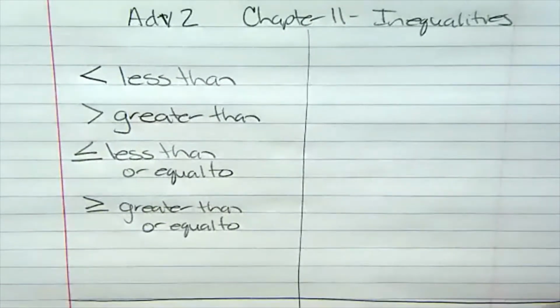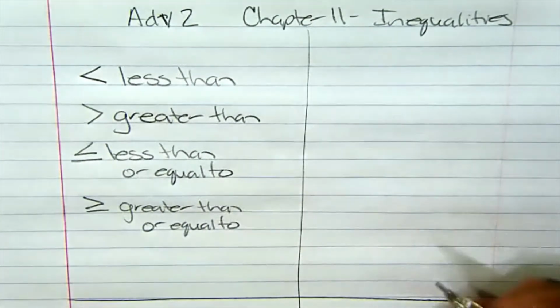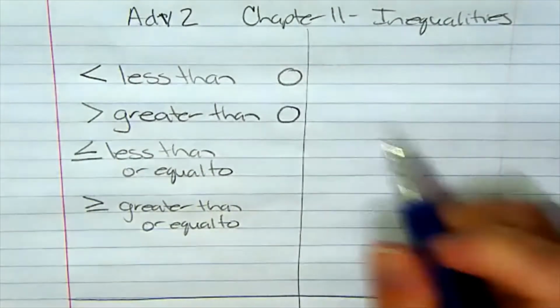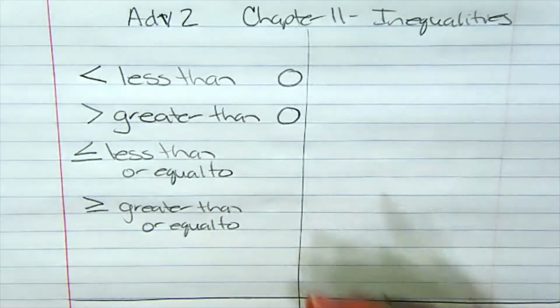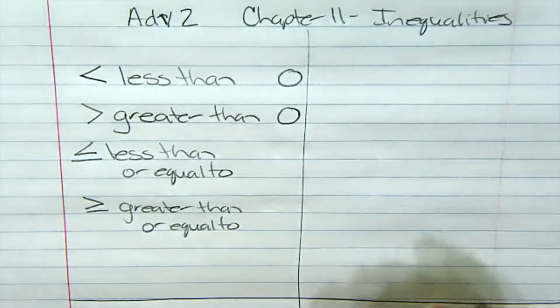Then in 6th grade, we started graphing these inequalities. And we learned if it was less than or greater than, it's an open circle, because that open circle shows that this is where the solution set starts, but it does not include this number.